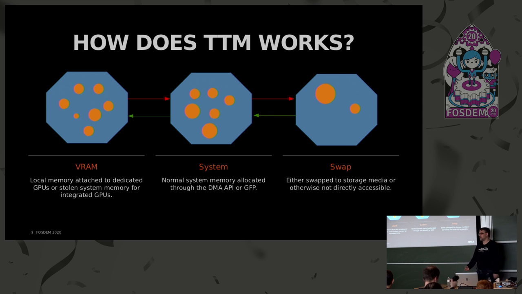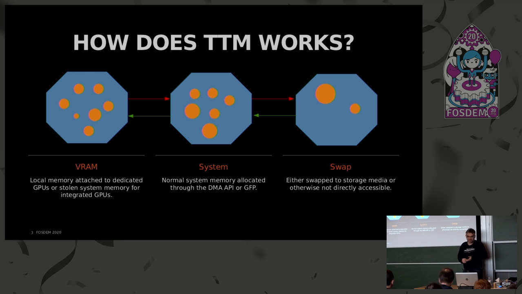Then you got the system domain, which is system memory which is mapped or available to the GPU, or accessible to the GPU. So the GPU can directly write over PCIe DMA to the buffer objects in the system domain. And the last thing is the swap domain.